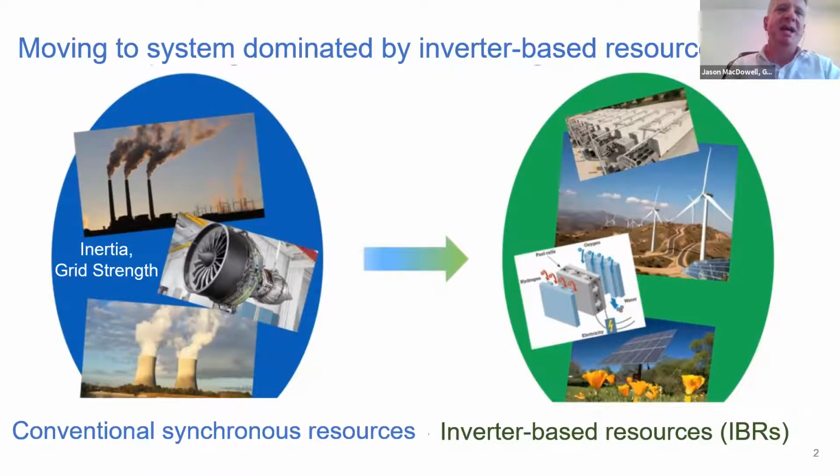The first very important part of that discussion is to recognize some of the differences in conventional synchronous resources relative to inverter-based resources like wind and solar. Conventional synchronous resources are synchronized to the grid with a synchronous machine.